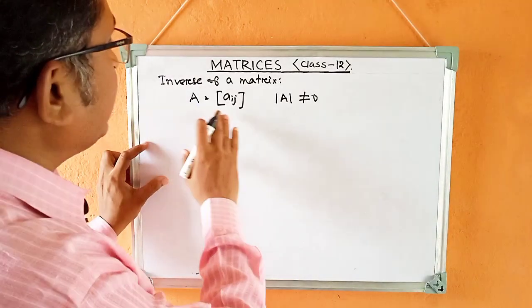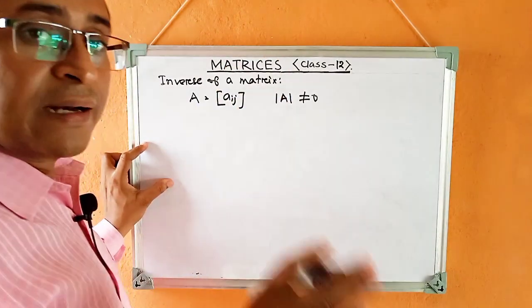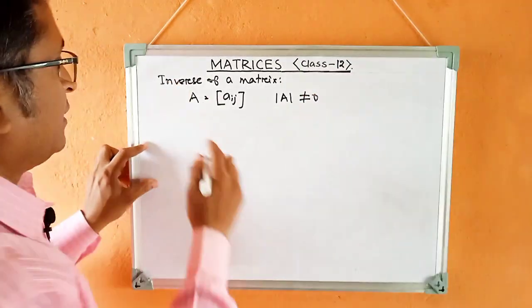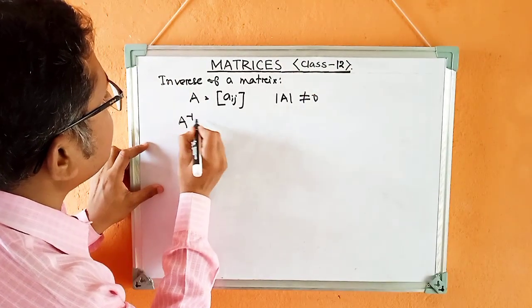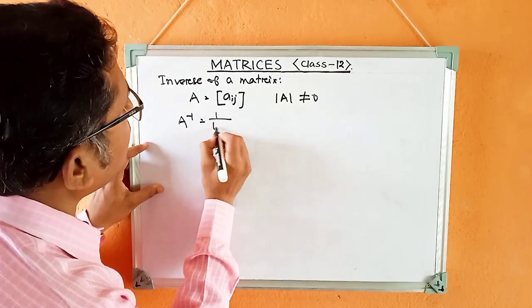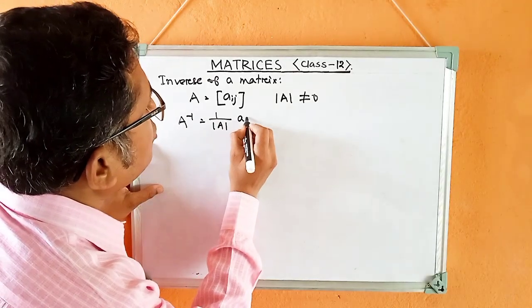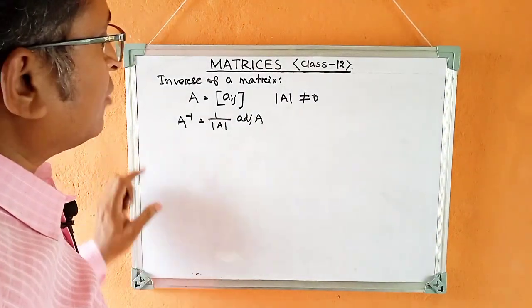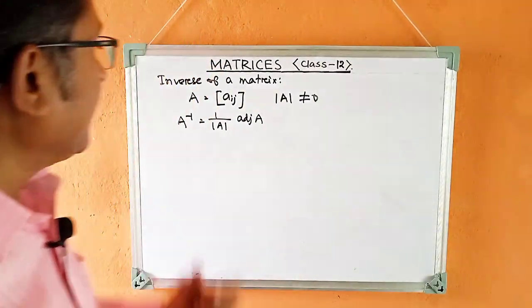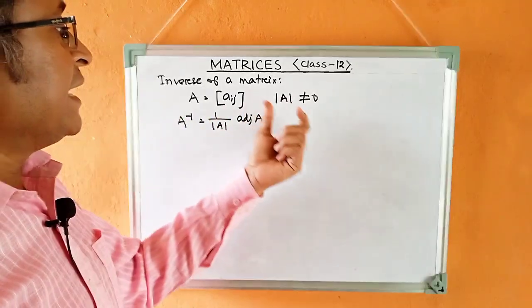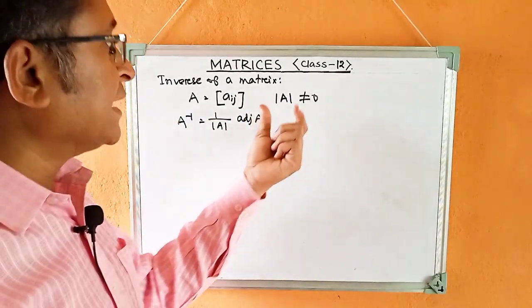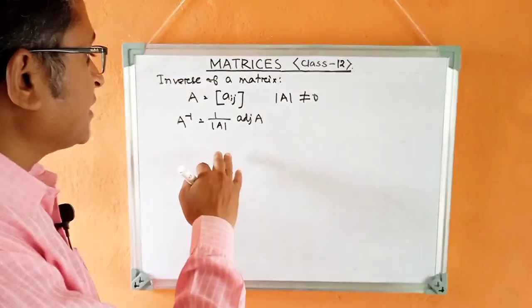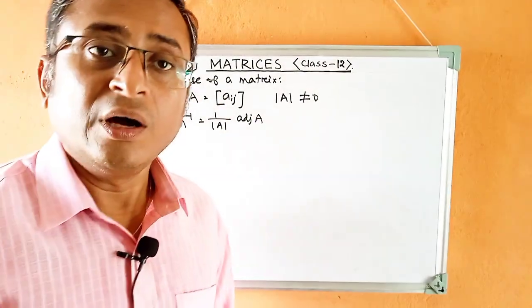If A is a square matrix of order greater than or equal to 2 and determinant A is not equal to 0, then A inverse, that means A to the power minus 1, is equal to 1 by determinant A into adjoint A. In the previous sum we found the adjoint. So the formula to find A inverse is A inverse equal to 1 by determinant A into adjoint A.